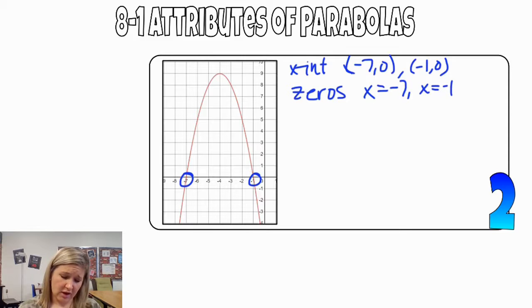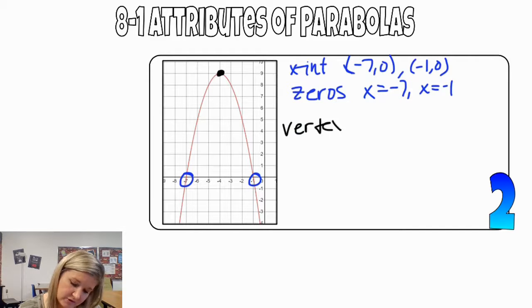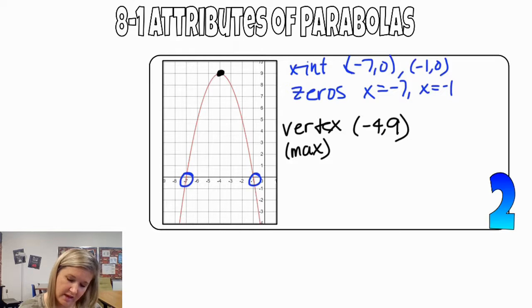Now let's look at our vertex. So our vertex is right here, and that is at (-4, 9). So our vertex this time is a maximum, okay? And so that is going to be at (-4, 9). And then we have our axis of symmetry.